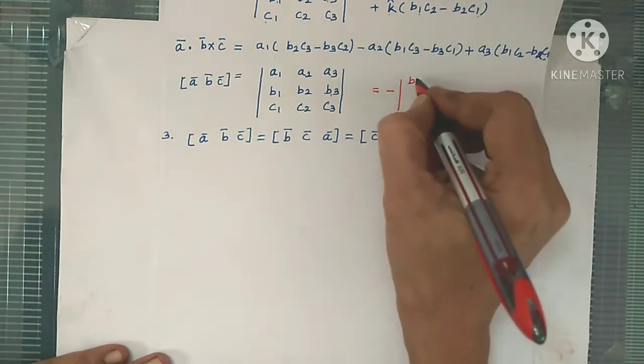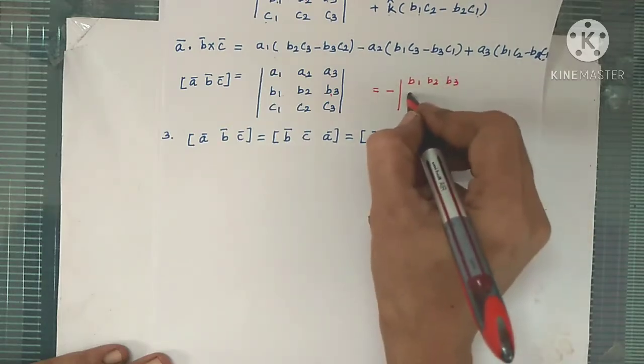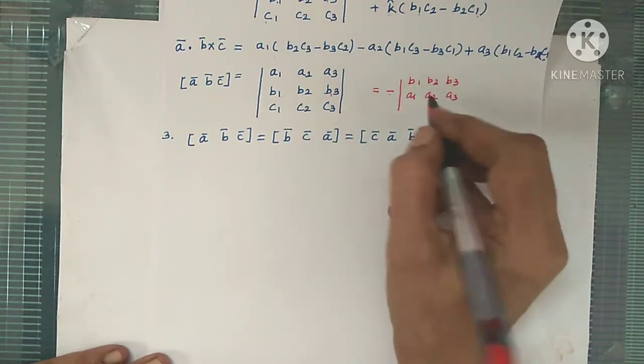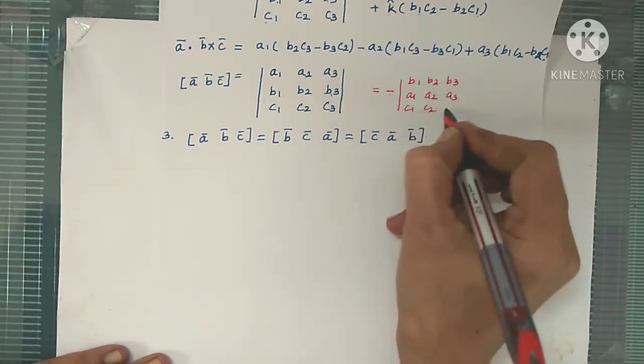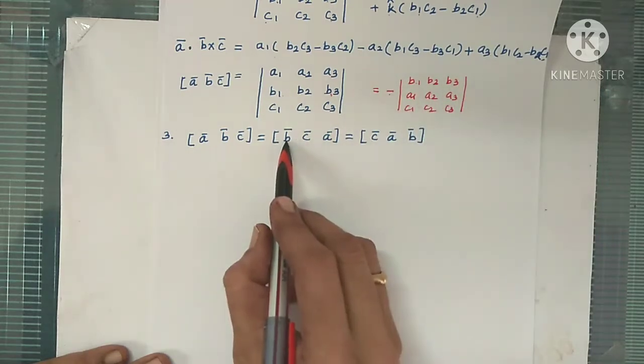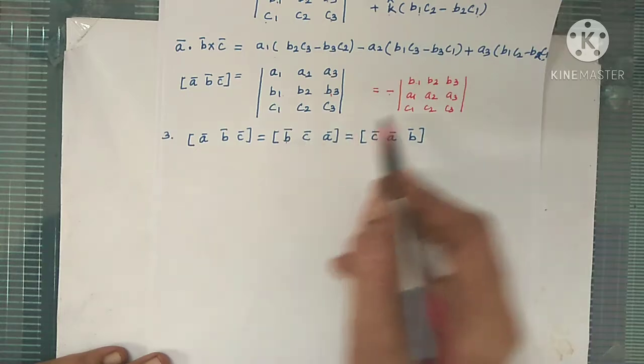That means if I write B1, B2, B3 first and then A1, A2, A3, I have to change the sign. So I have written a minus sign here, C1, C2, C3. So now I have B bar in the first row.